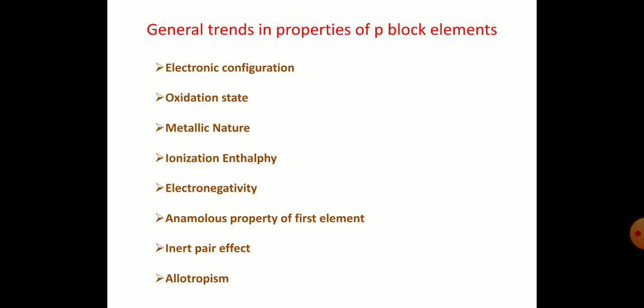In this video we will discuss only electronic configuration. In the coming video we will discuss the other properties. So let us study the electronic configuration of the P block elements.